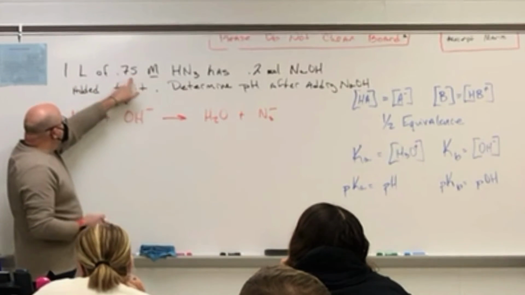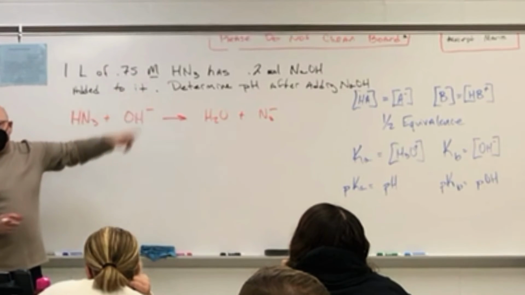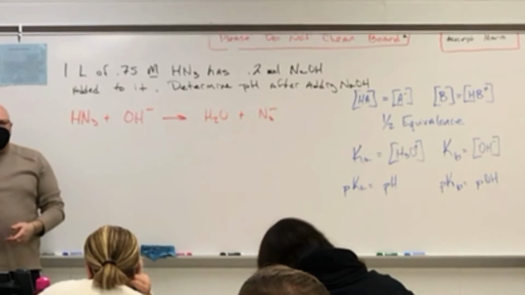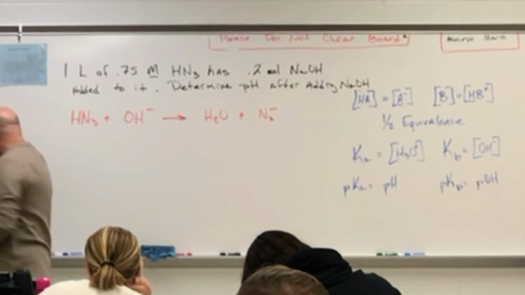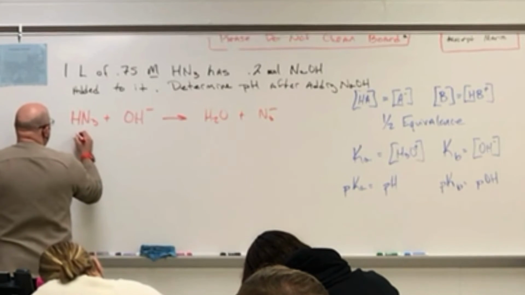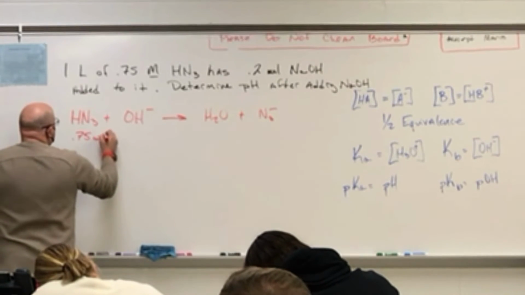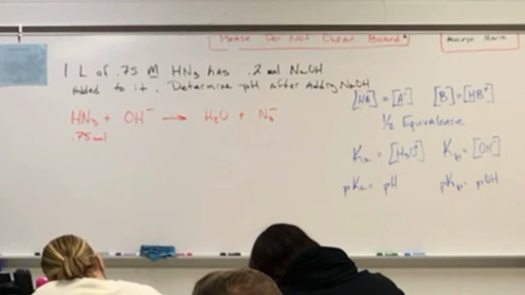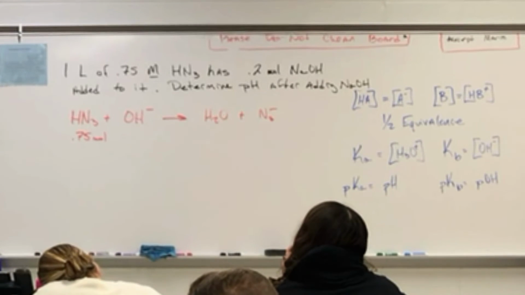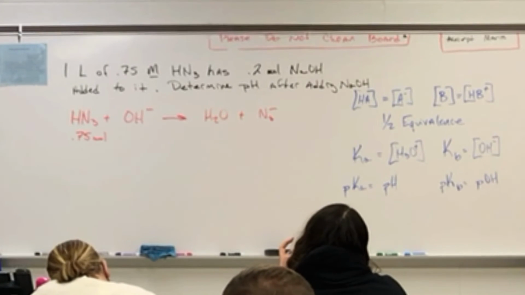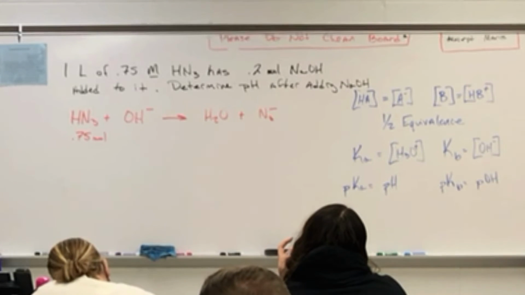I made this easy. If I've got 1 liter of 0.75 molar, how many moles do I have? 0.75 moles. I am putting a unit on this to distinguish what we have done and what we are doing now. How many moles of hydroxide?